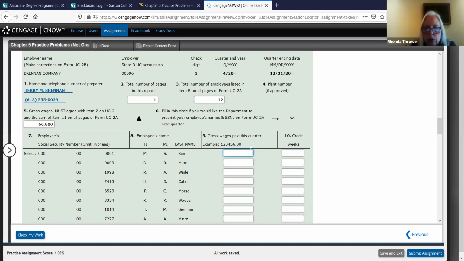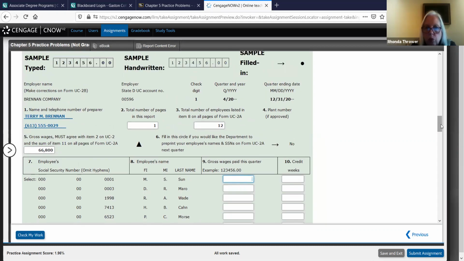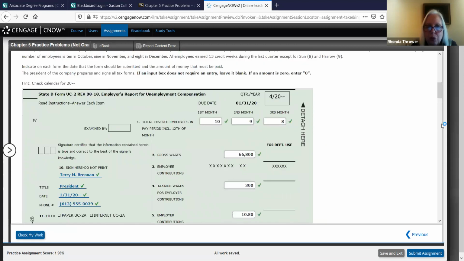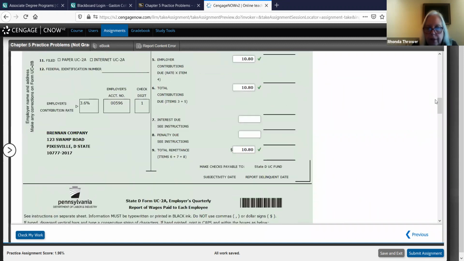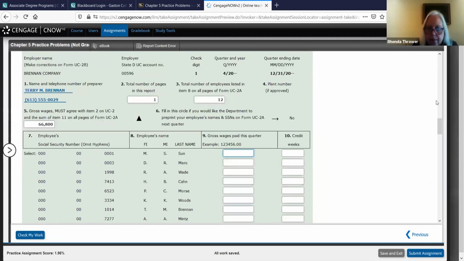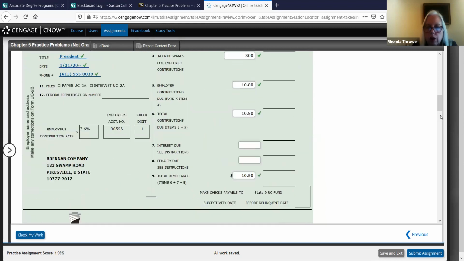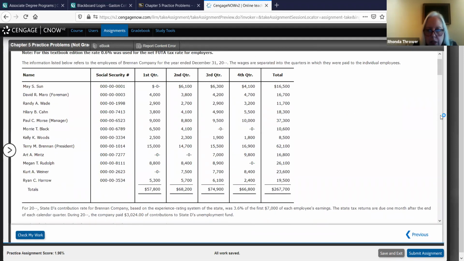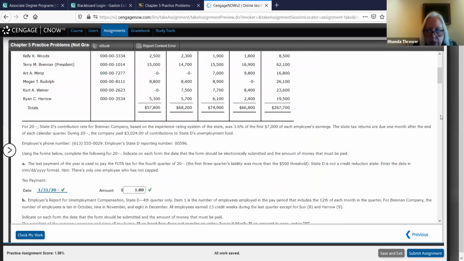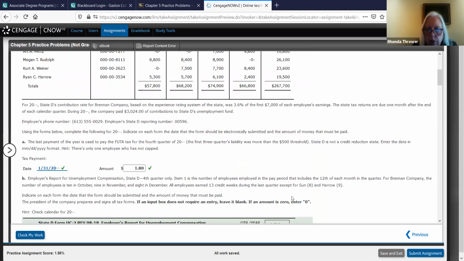And then here, the gross wages for the quarter for Sun was 4,100. And I believe Sun was one of those odd people out who had less than 13 weeks. They gave you that information. Sun had 8.